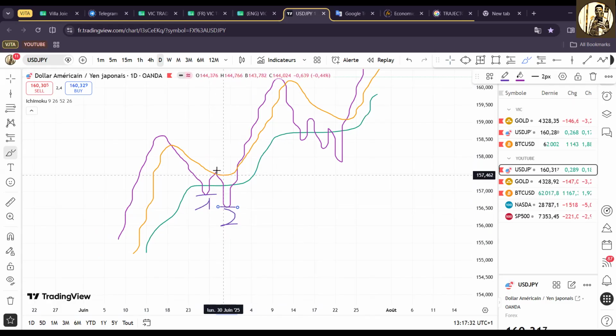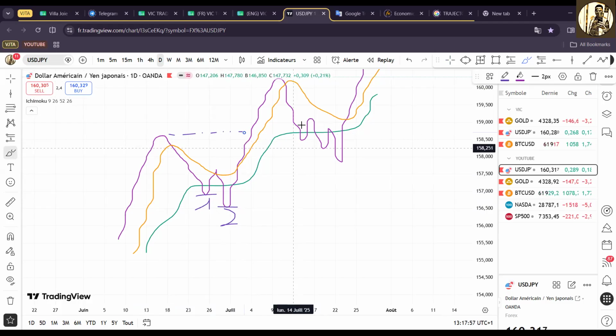And then the second time Kijun is touched, the price goes below the low of the first time. And after the second time, that's when you can see the V breaker above.